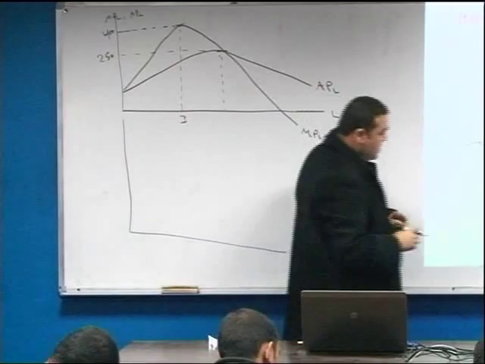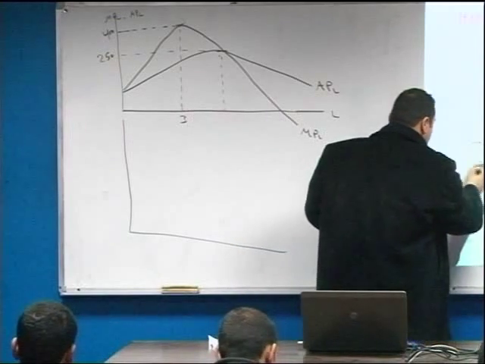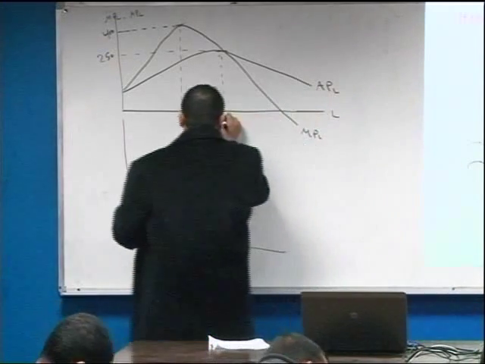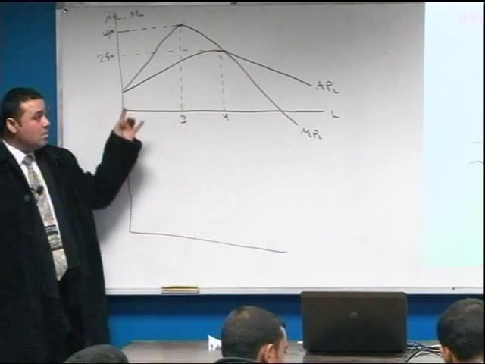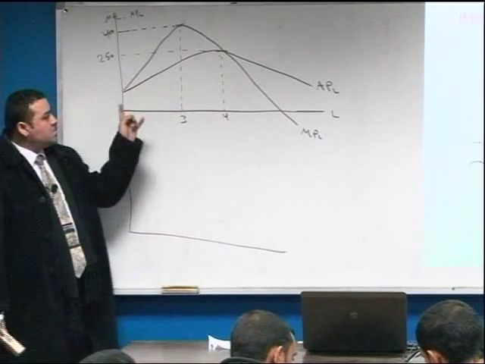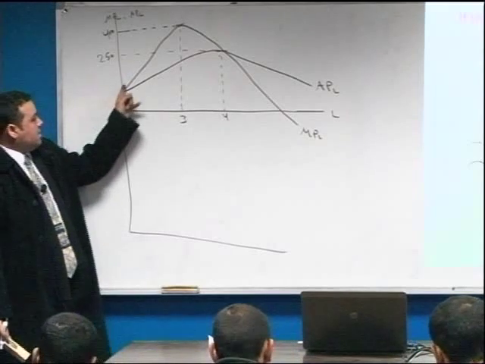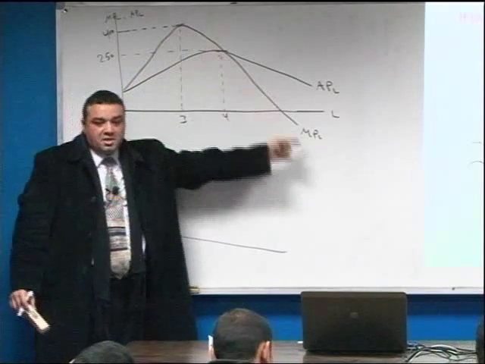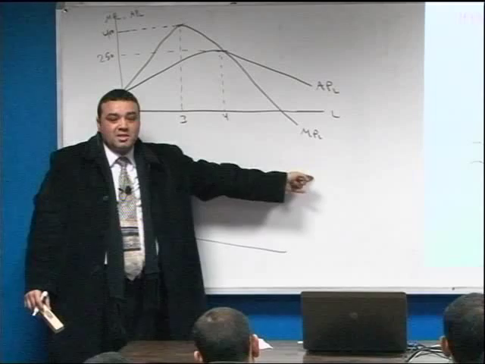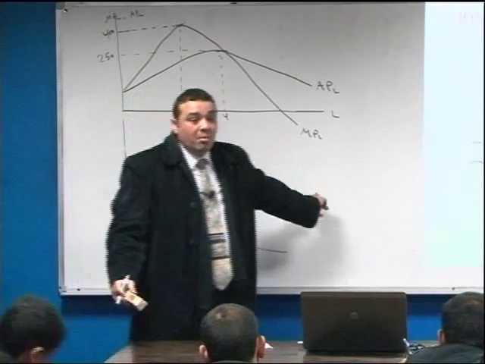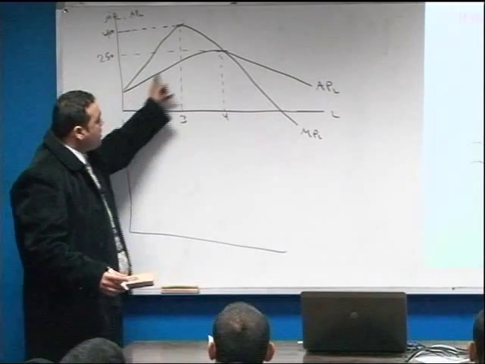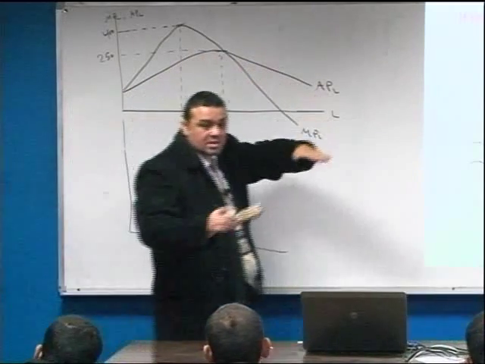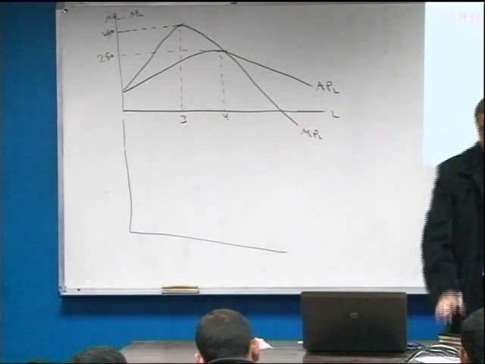In this case, the number of workers is 4. If we come back to the curve, as you see, MPL is increasing and then decreasing, and it might equal zero or become negative. APL is increasing and decreasing, and it never reaches 0.